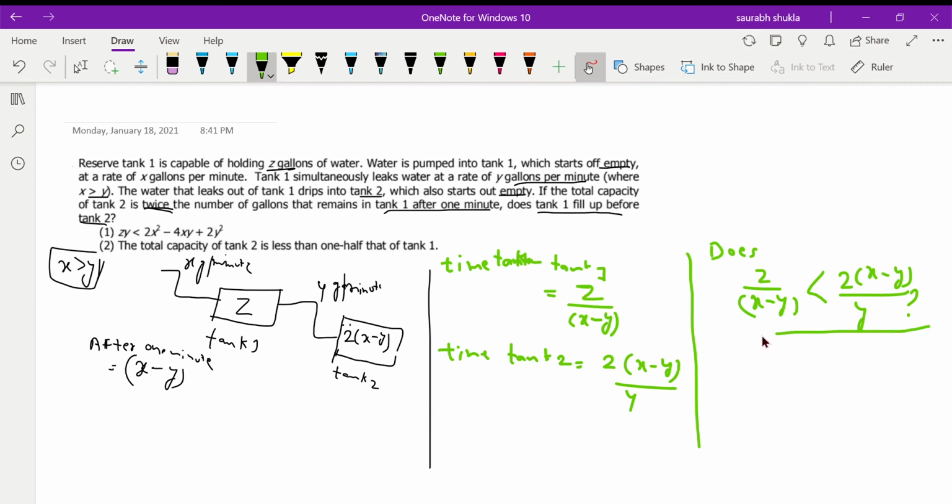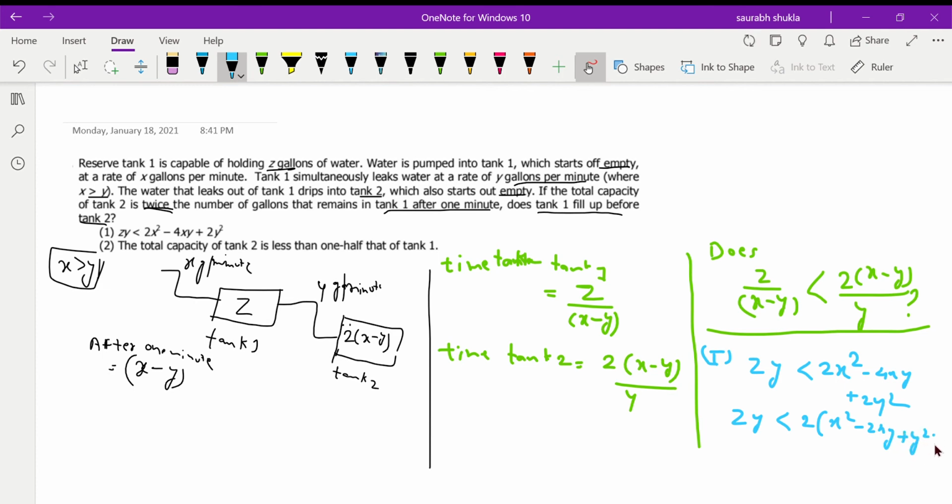I hope you have understood the question. So let's go to the statements. Statement 1 says ZY is less than 2X squared minus 4XY plus 2Y squared. Now, can I take 2 out? If I take 2 out, I will have X squared minus 2XY plus Y squared, which is the expansion of (X minus Y) squared. So ZY is less than 2 times (X minus Y) squared.